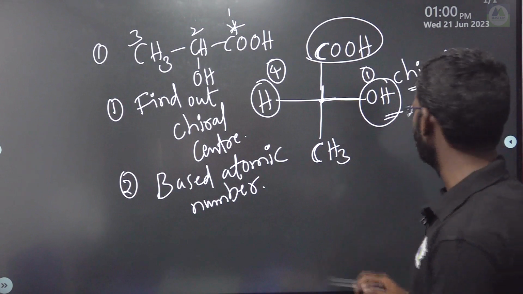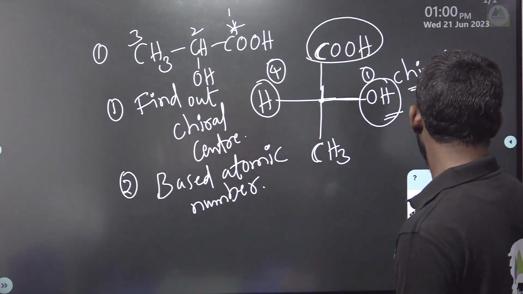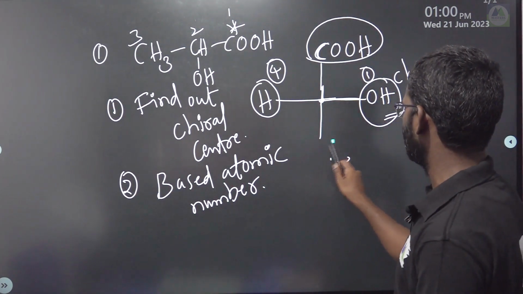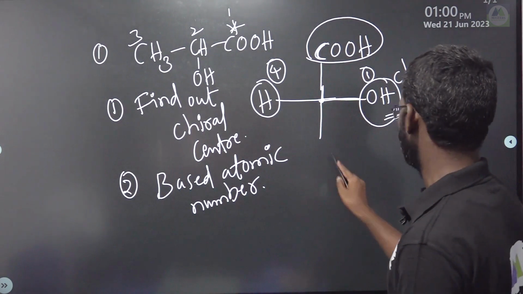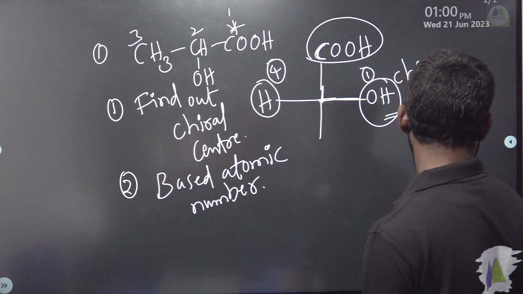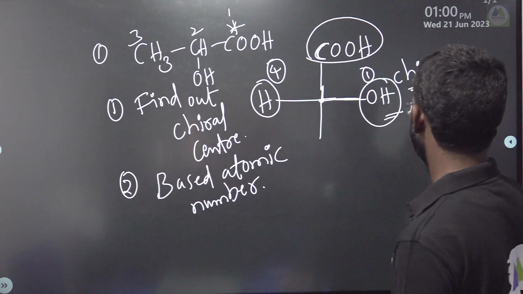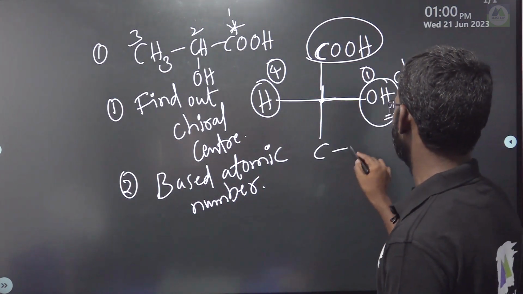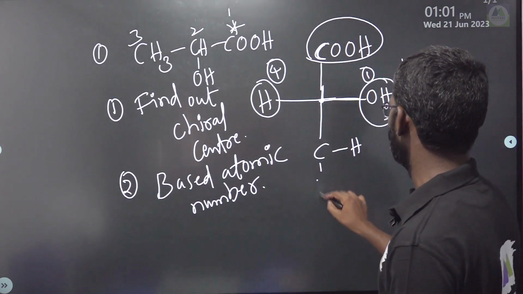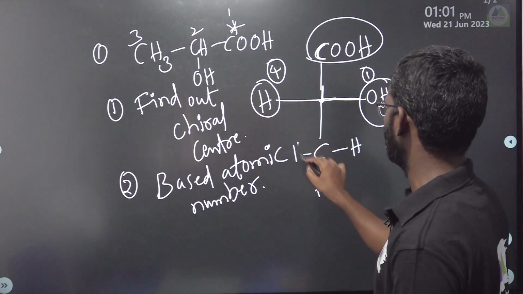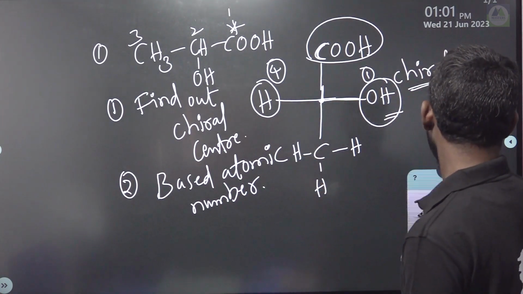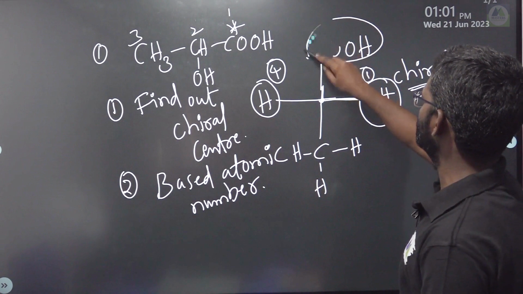So here this carbon, yeah. For better understanding, I will write the structure like this. Here, this is the carbon, right? Here carbon, which is directly attached to hydrogen. Here also hydrogen, here also hydrogen, right? Next, here also a COOH group.